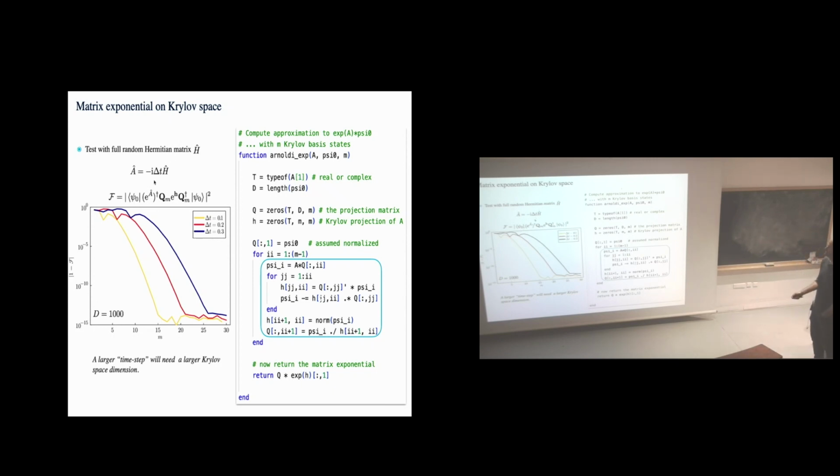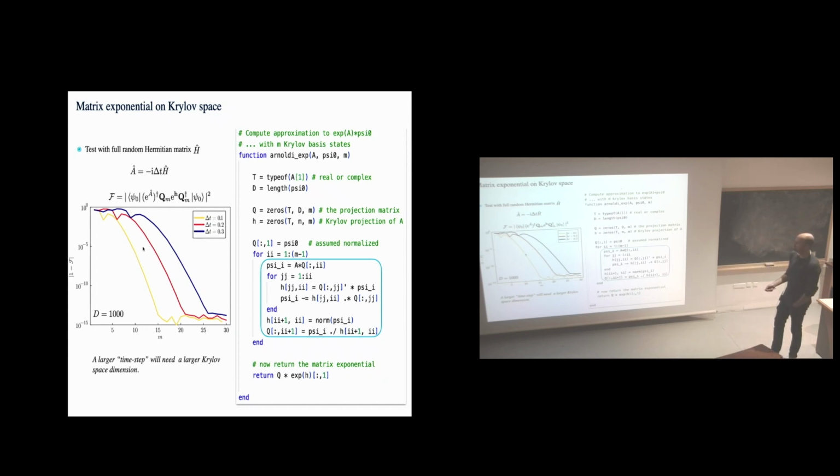But then you see I take this random Hermitian matrix and I simulate a situation with some time step, and I make the time step larger. So I take 0.1, 0.2, 0.3. And here's the number of Krylov vectors that you use, and this is the error that you essentially get. And then, of course, you see that this effective Krylov space that you use for doing your actual time steps calculation depends on the time step size.